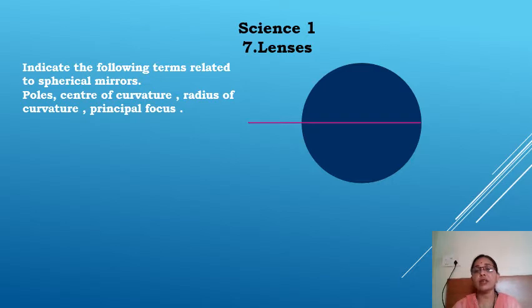There is also a center of curvature, which is the center of the sphere. The distance between the center of curvature and any point on the mirror we call the radius. But for mirrors or for our lenses we are going to call it the radius of curvature.